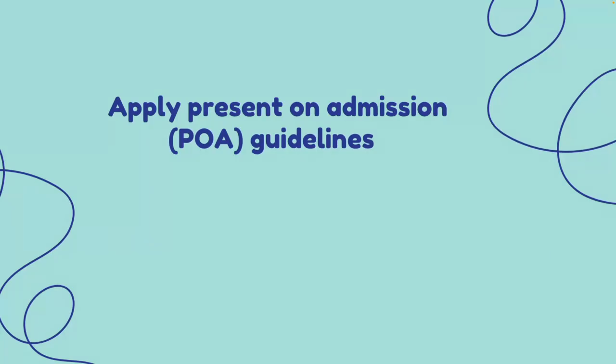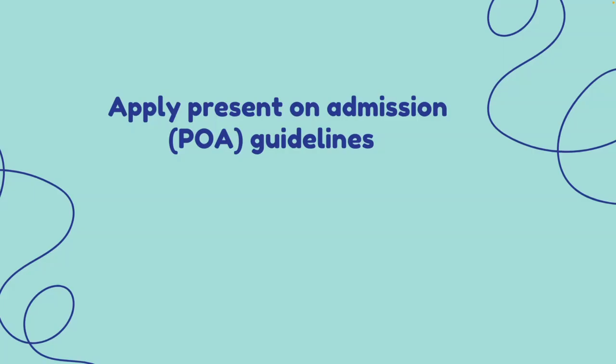The Deficit Reduction Act was 2005, and the president was Bush, the second Bush, the son. And we got POA, MS-DRG, all of this at the same time, hospital acquired conditions. When it first started, it wasn't that many, and then it just grew.